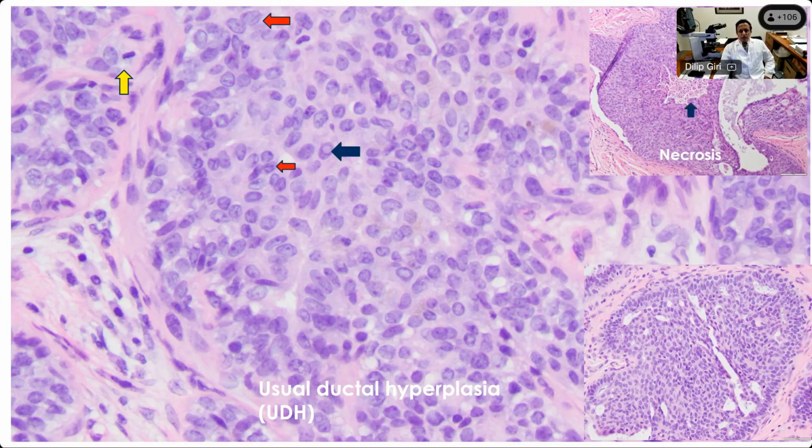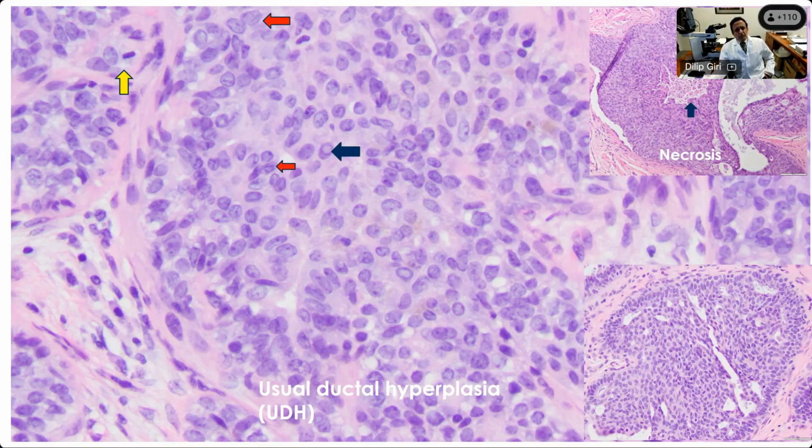And once in a while, especially in those cases where there is florid hyperplasia, you may see necrosis associated with it. Now, we know that necrosis is typically associated with DCIS, but you may get that also with usual ductal hyperplasia. So merely the presence of necrosis should not make you diagnose something as DCIS.